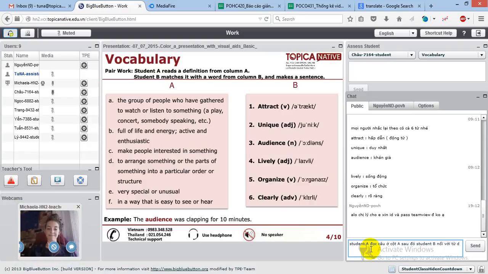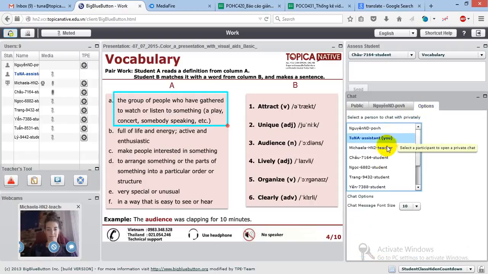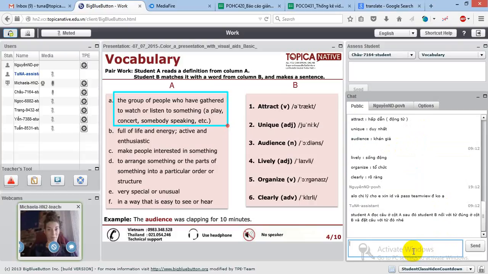So, the group of people who have gathered to watch or listen to something, a play, concert, somebody speaking, etc. Wonderful. What word do you think matches with this? I think matches with audience. Yeah, audience. Can you use audience in a sentence?